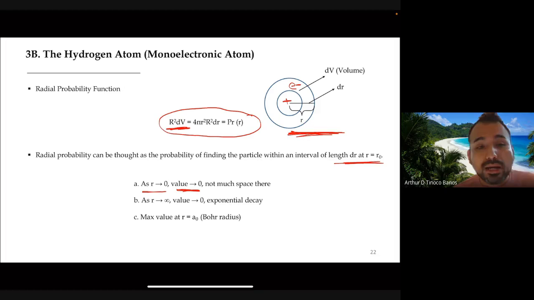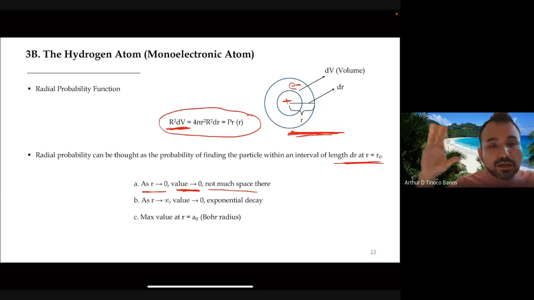And why is that? That's because the less space you have from the nucleus, the less likelihood you're going to find electrons. There's going to be a point where there's not enough space for the electron to fit. That's just a way of thinking about it. They have to have a certain amount of space for the electron to exist. It has a certain dimension.